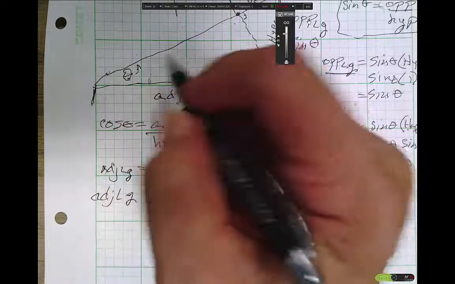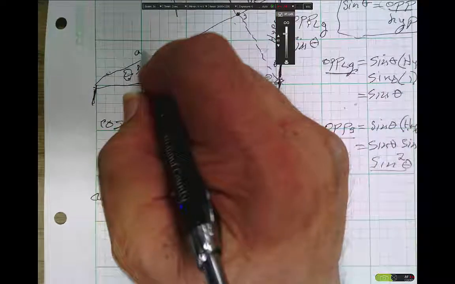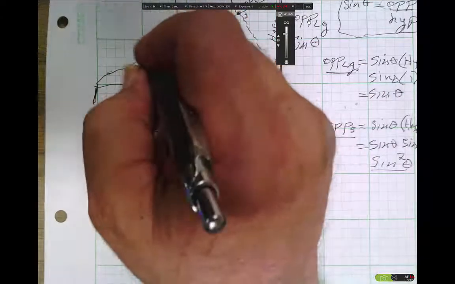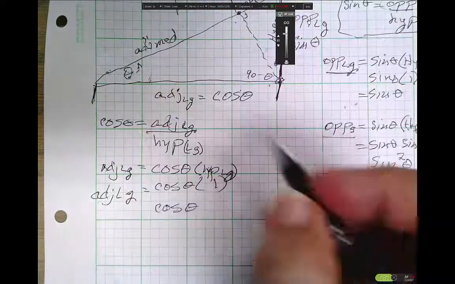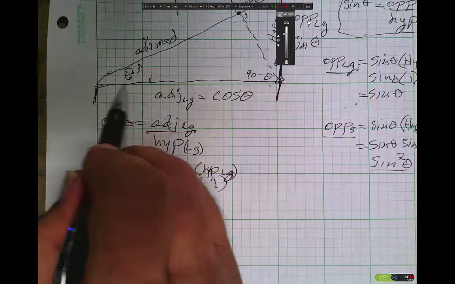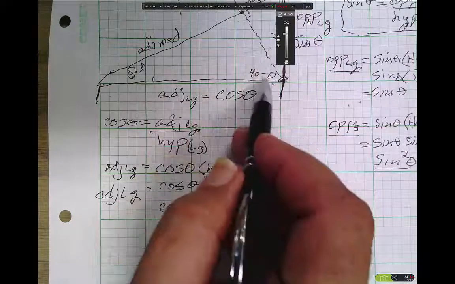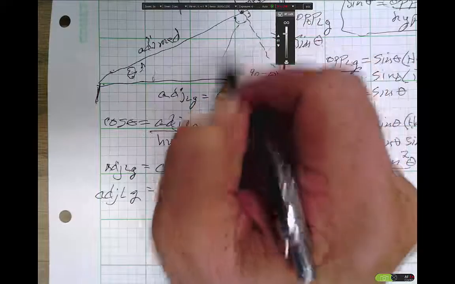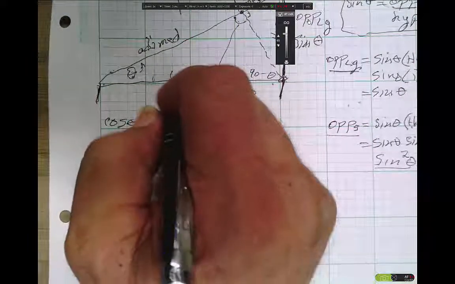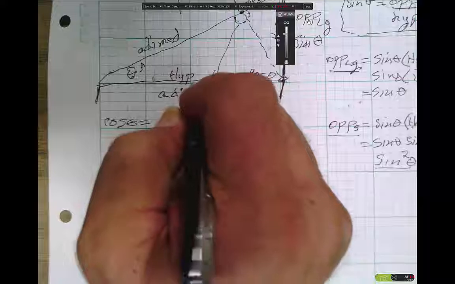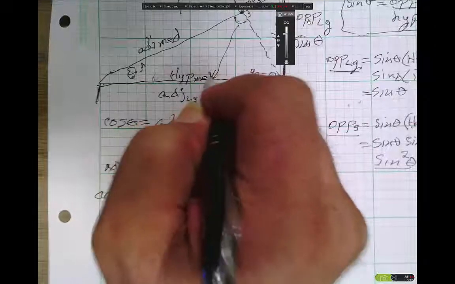I'll call it the adjacent side, ADJ medium. And for this medium-sized triangle, you can see that here's the right angle. So across from it is the hypotenuse for the medium-sized triangle. So I'll label it HYP medium, MED for medium.